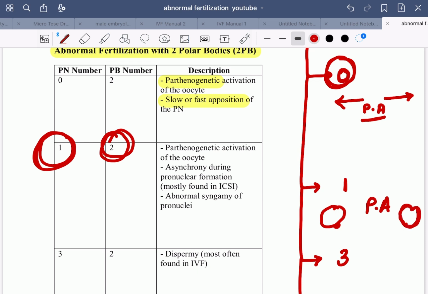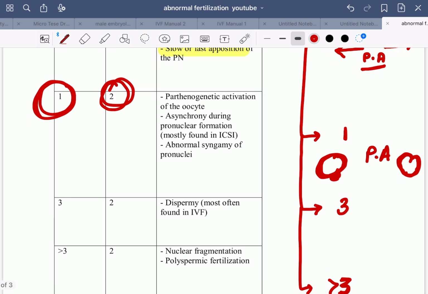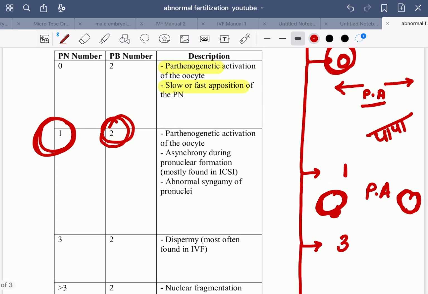Asynchrony means one is so small that we cannot see it, and one is very big, so we can remember that asynchrony is the cause. Second is parthenogenic activation. With 0 also it was parthenogenic activation, and with 1 pronucleus also parthenogenic activation.